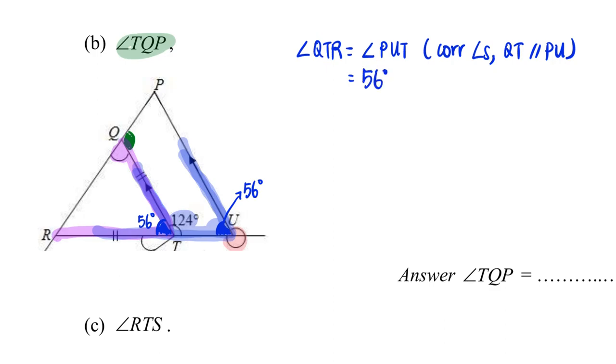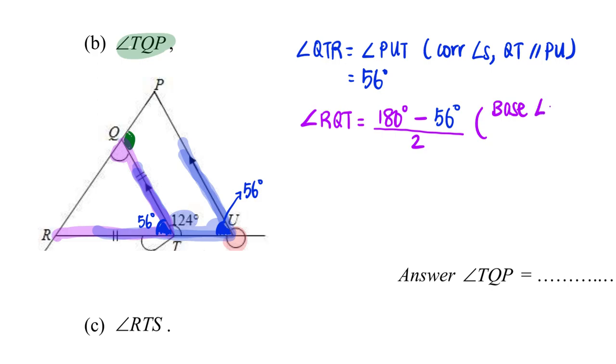And then I will be able to get my purple angle RQT, 180 degrees minus my 56 degrees, divided by 2, because these are base angles of an isosceles triangle. And this will be equal to 62 degrees.